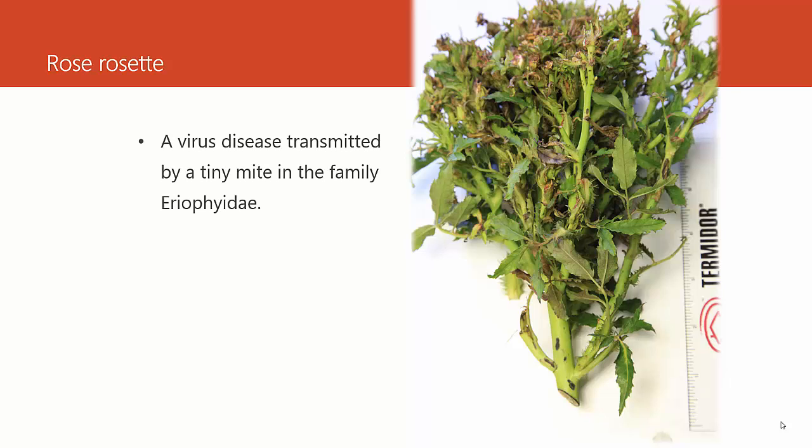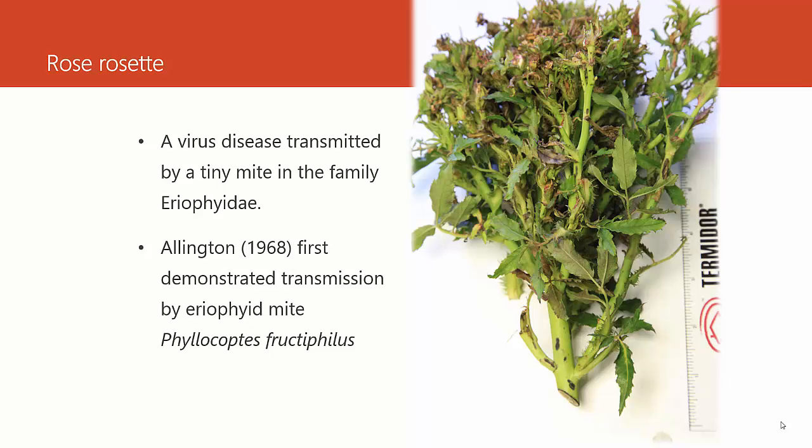This was confirmed back in 2011 with some good DNA studies. But going back in the literature, I found that it was actually back in 1968 that the first paper came out that demonstrated the transmission of this pathogen by the Eriophyid mite.